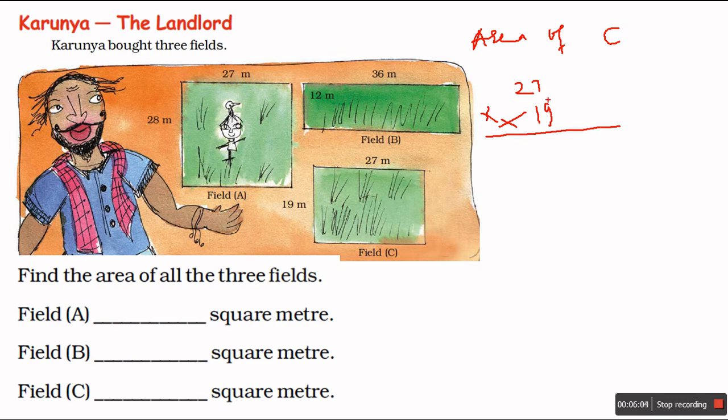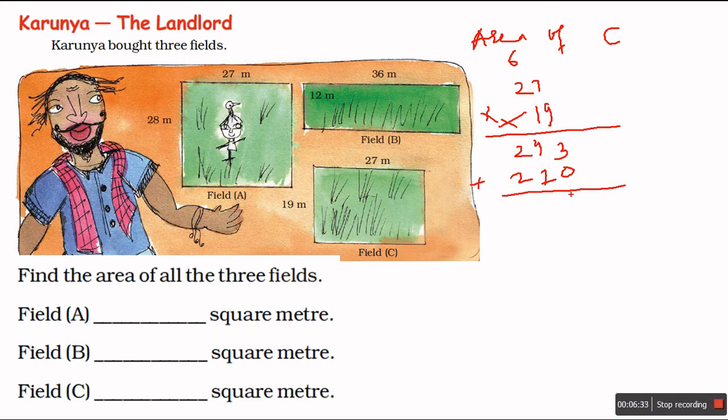First I will multiply with 9. 9 7s are 63, 3 carry over 6. 9 2s are 18, 18 and 6, 24. Now I will multiply with 10, so put 0 here. 1 7 is 7, 1 2 is 2.